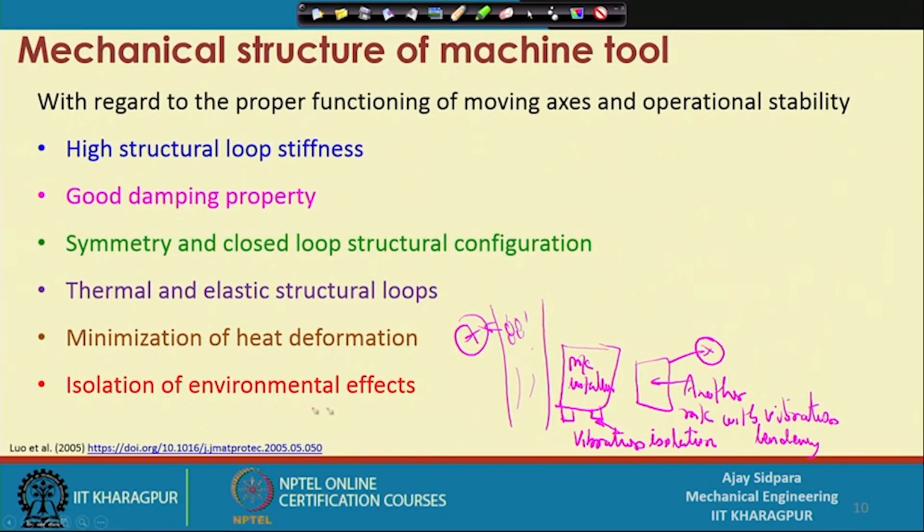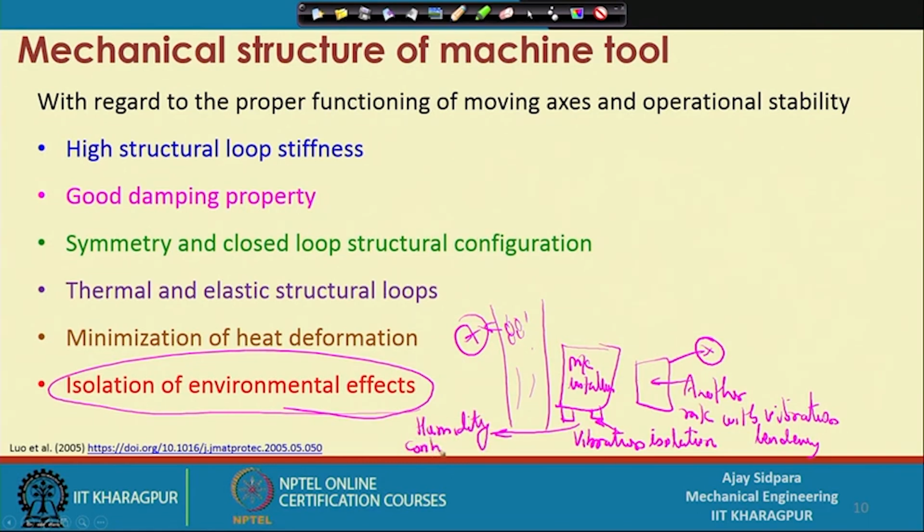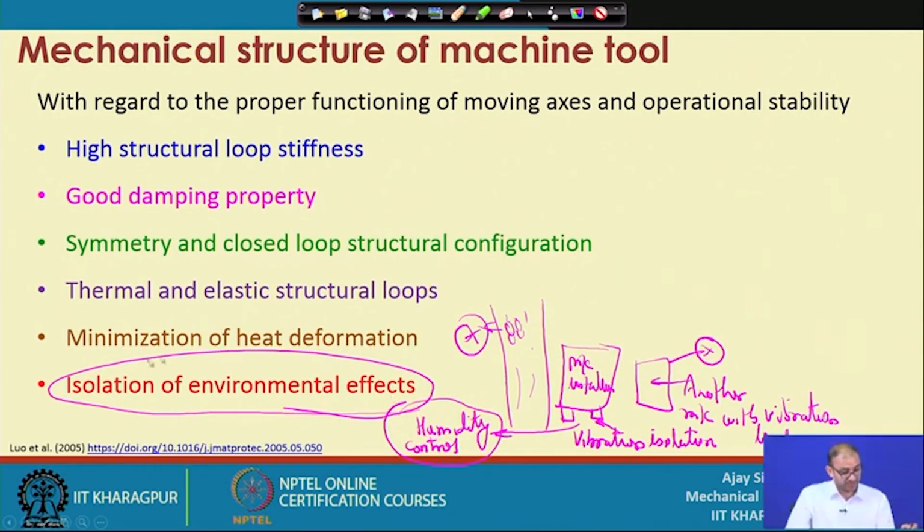So, those things are called the isolation of the environment, correct. Humidity also you have to maintain, not only temperature, humidity control. Correct. So, these are the things which are not directly connected with the machining operation, but these are the external things which will also create problems in the dimensional accuracy of the machine.